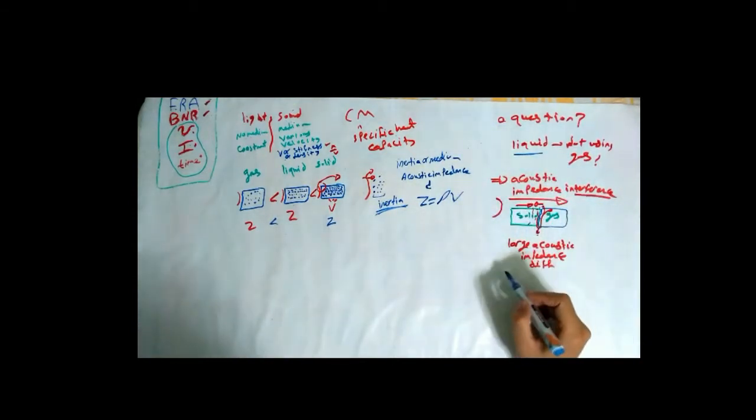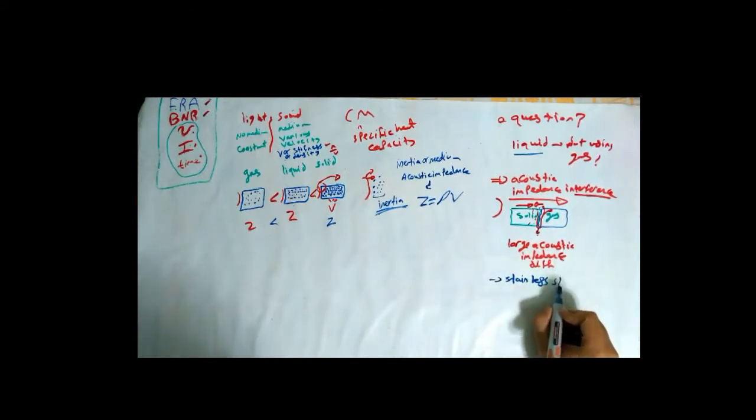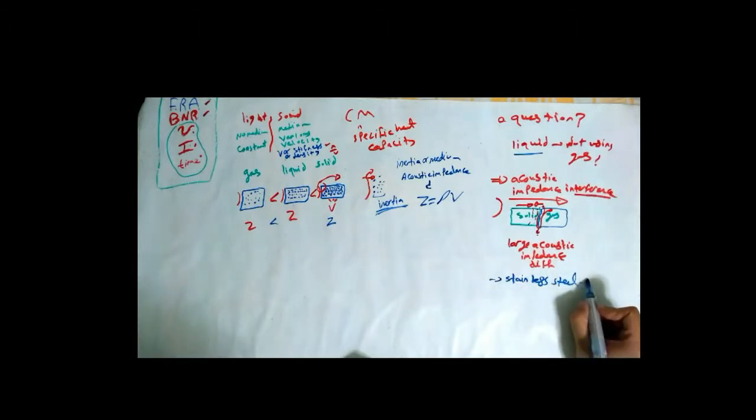Since the ultrasound transducer surface is formed of stainless steel, if I'm using gas, the amount of reflection due to acoustic impedance interference is going to be 90%. While if I'm using liquid, the amount of reflection is going to be 0.